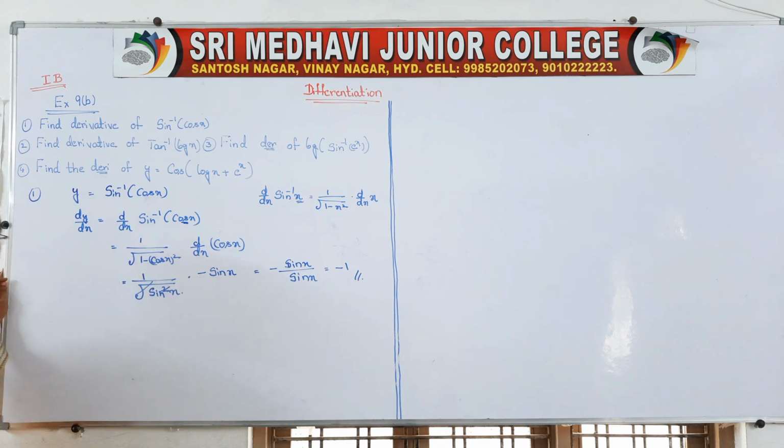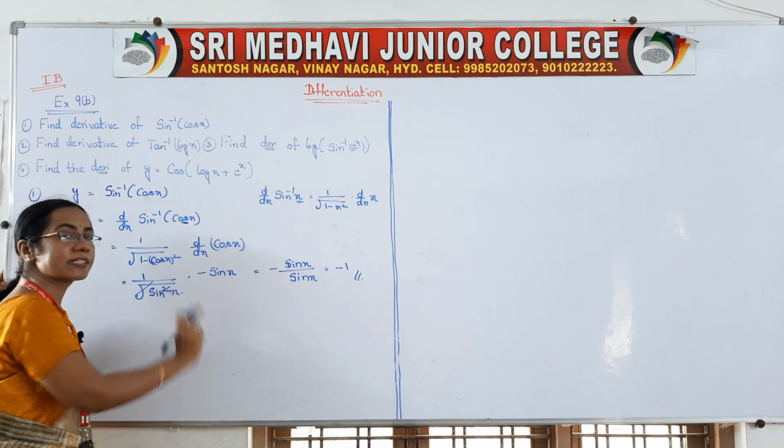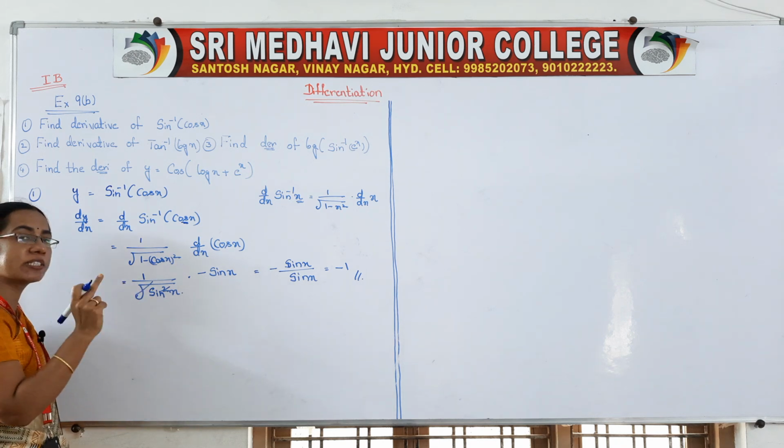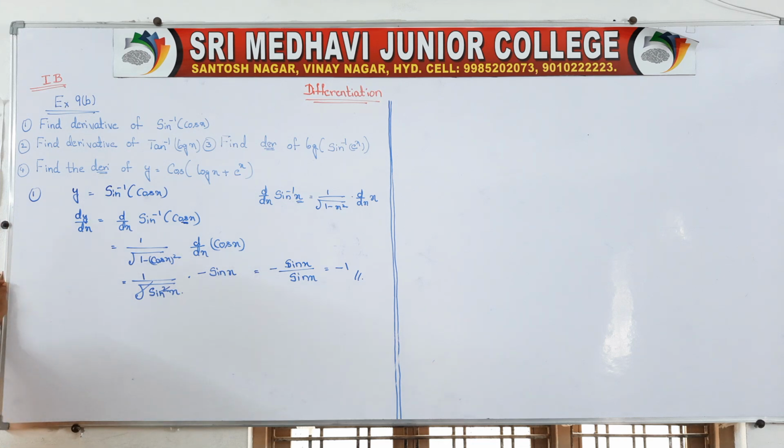I have said many times, derivatives of cos functions are always negative. Downwards the square root will get cancelled, only sin x remains, and sin x will get cancelled. So your answer is minus 1.